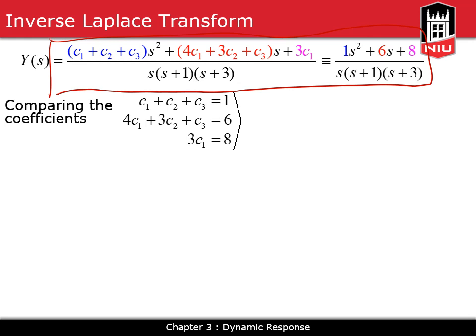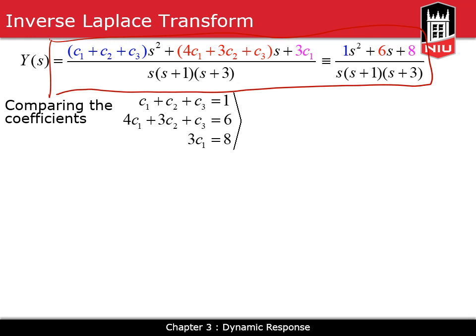The one on the right is from the original function y of s. As you can see, both have an s squared term, an s term, and a constant.